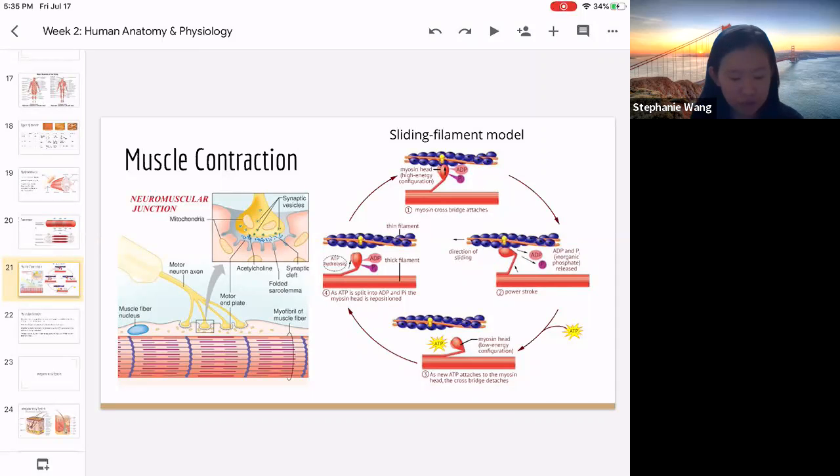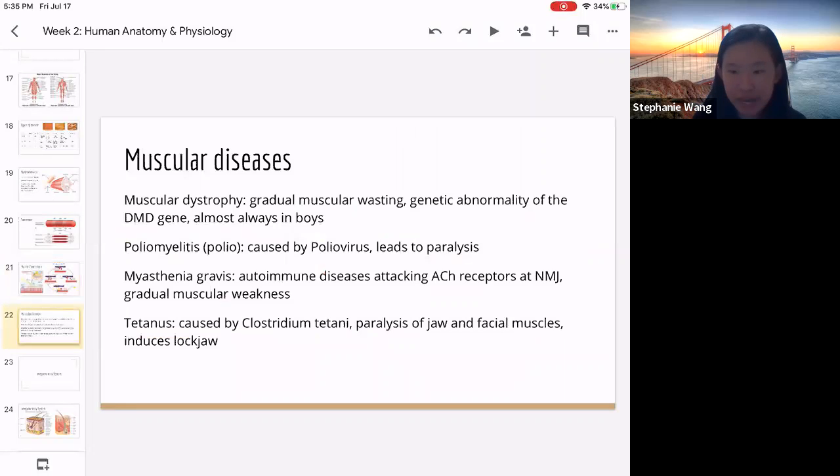Okay, so next we have muscular diseases. Muscular dystrophy, you probably have heard of that before too. Muscular dystrophy is purely genetic. There is a gene called the DMD gene, and the DMD gene basically controls the creation of a protein called dystrophin.